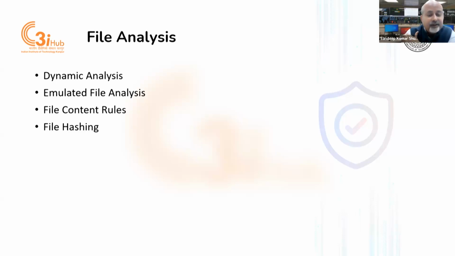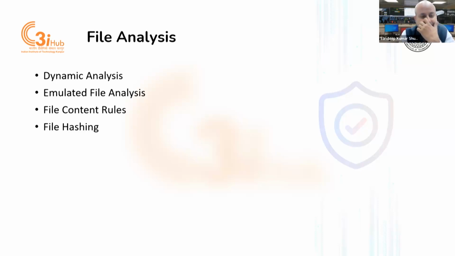File hashing, of course. There are certain malicious files whose hashes are well known. You can maintain a list of hashes of malicious files, where every time you get a file, you hash it first and match it against the list.